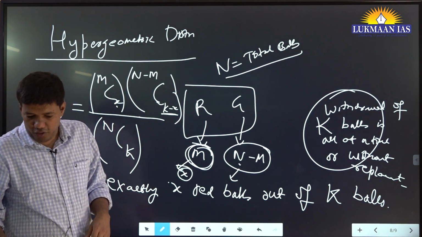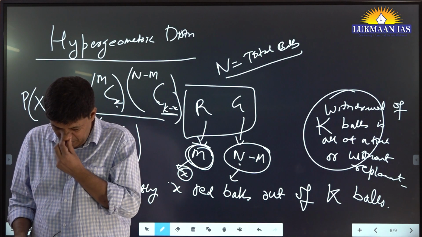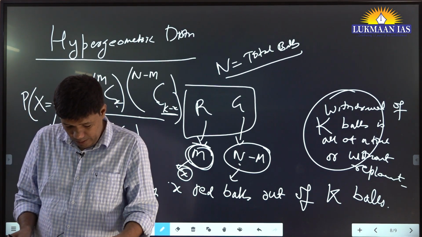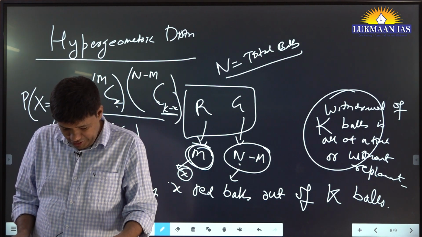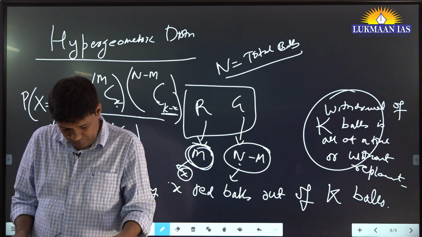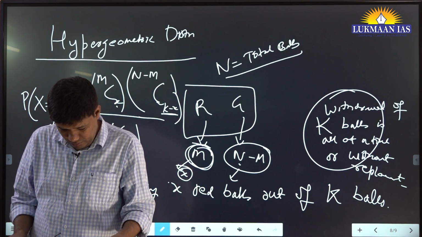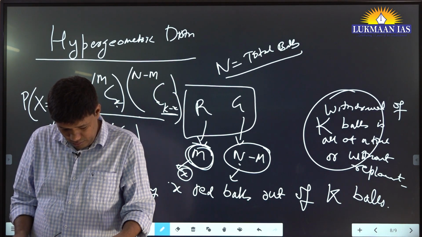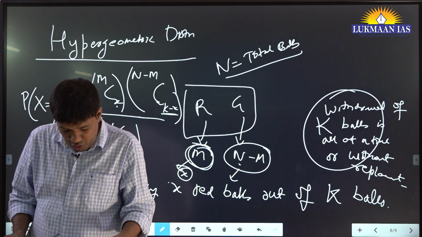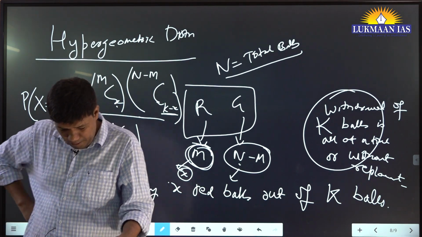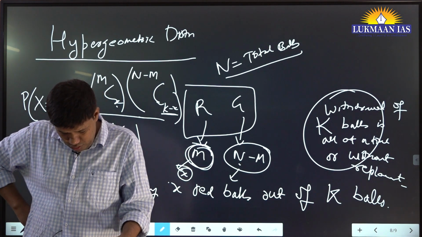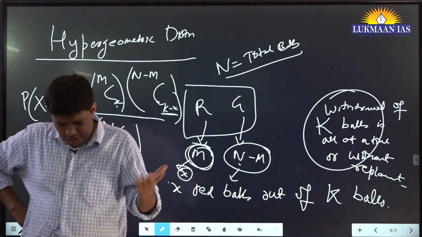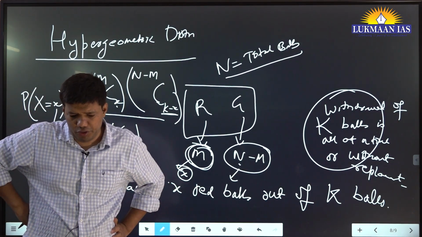Now you can do one numerical on this. I want to see one numerical. Suppose, just write a numerical on hypergeometric distribution.